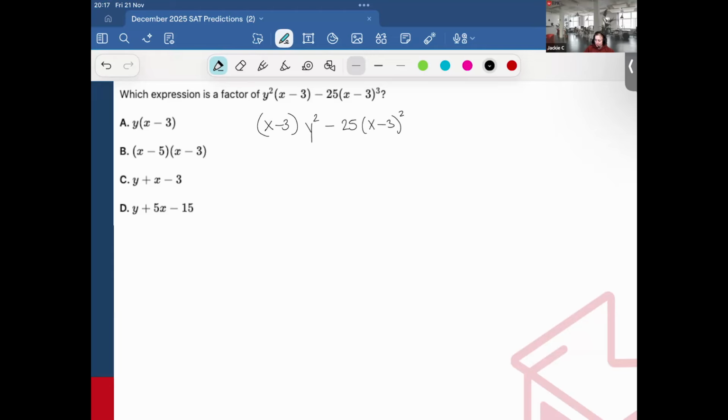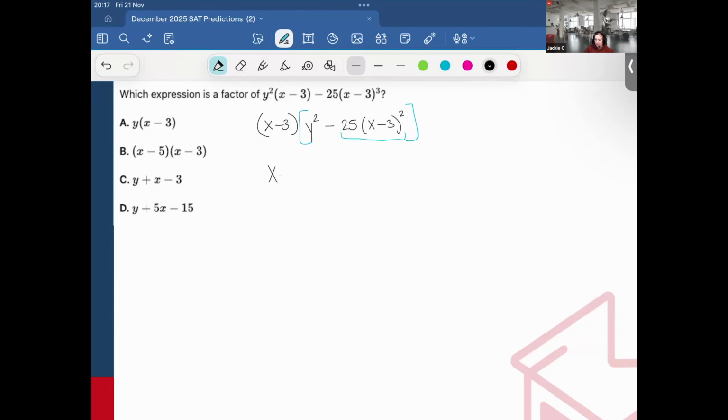multiplied by x minus 3 squared. Okay, so then if we look at this as a whole separate expression, we can take that a step further. Actually, even this we could bring down a little bit.